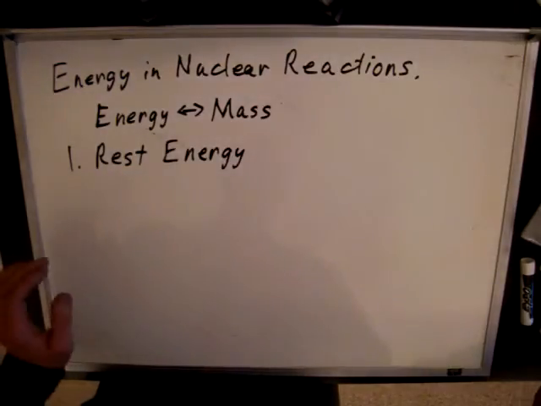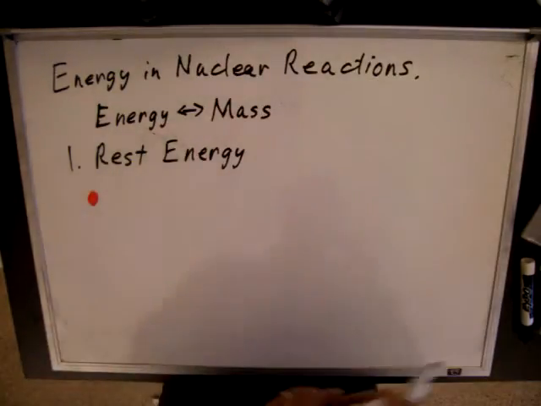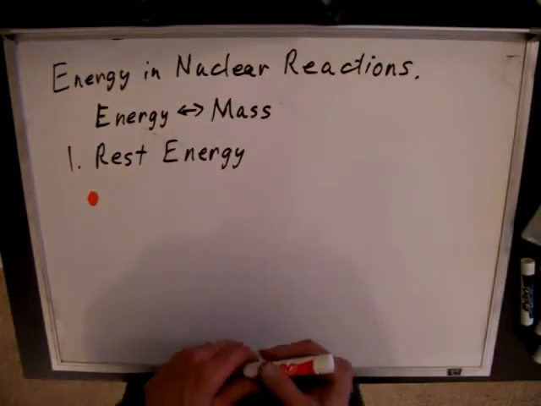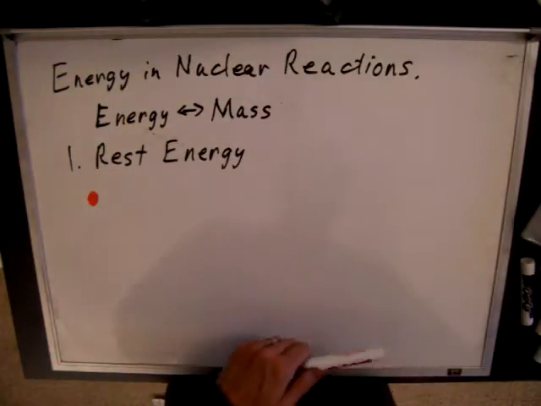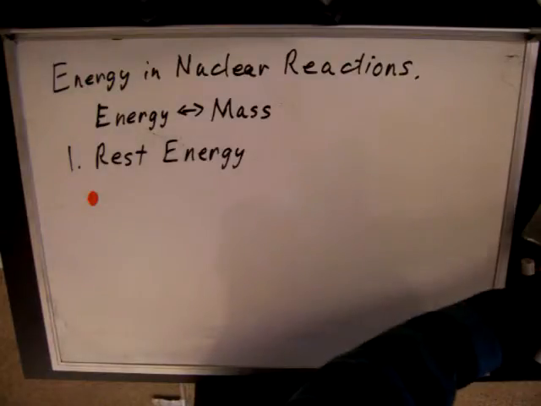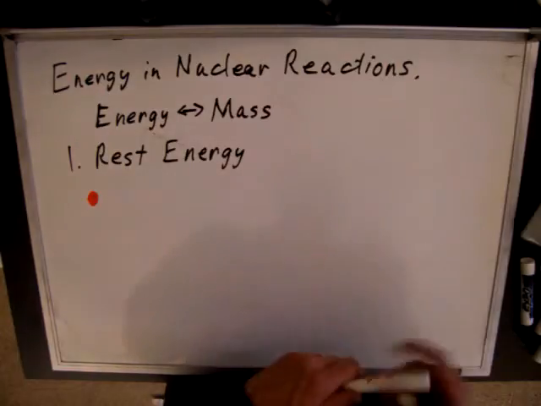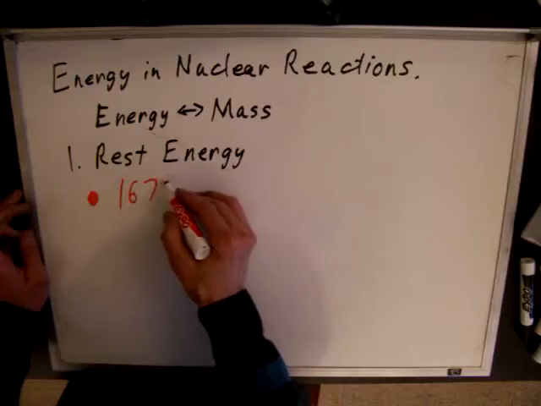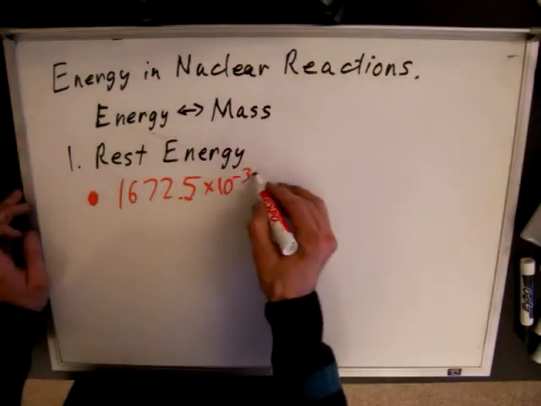So let's take for example a proton, which I like to represent as red. A proton has a mass which is 1672.5 times 10 to the minus 30 kilograms.